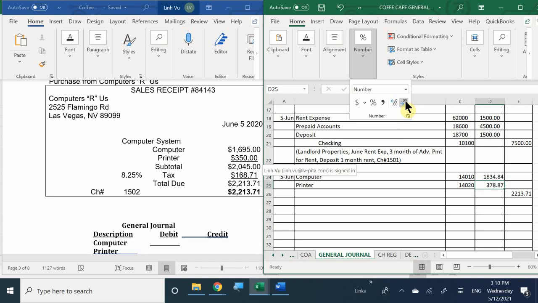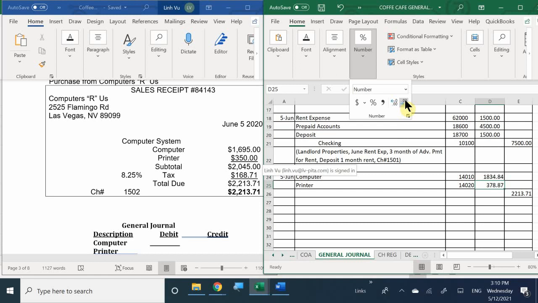So all Excel is doing is, okay, you want comma style, so it's going to cut off at the last penny, but it's not going to round the number for you. You're going to have to do that formula yourself. That's where, like I said, 95% of accounting errors are due to the human. It's not the program, it's human.